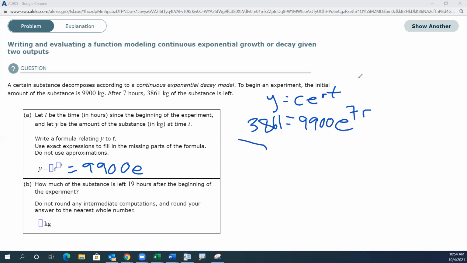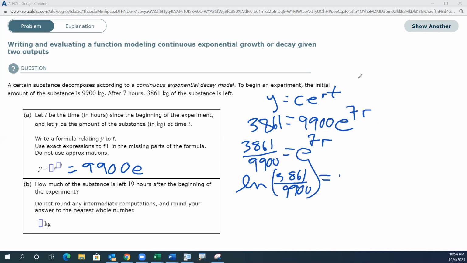And now we just go solve for R. So let's divide both sides by 9,900. Then we can convert to log form. Let's see, 3861, 9,900. And then divide both sides by 7.